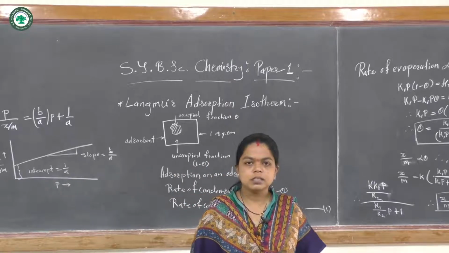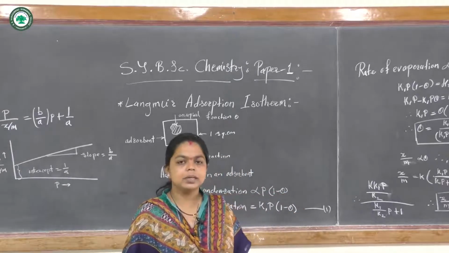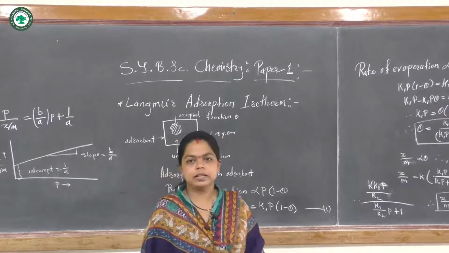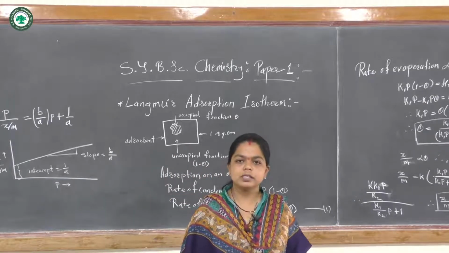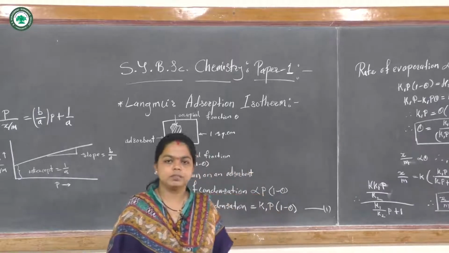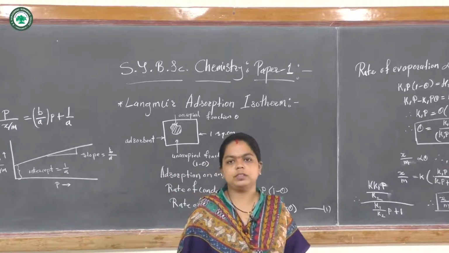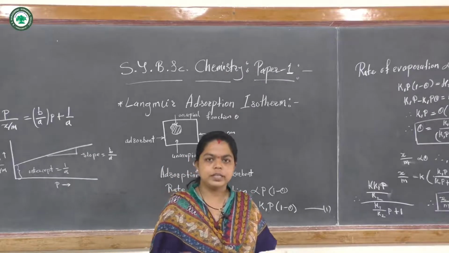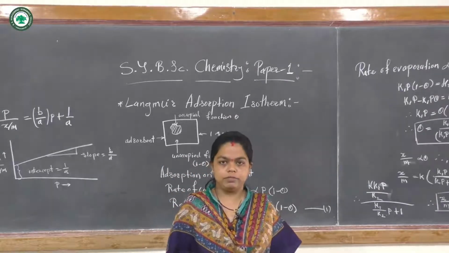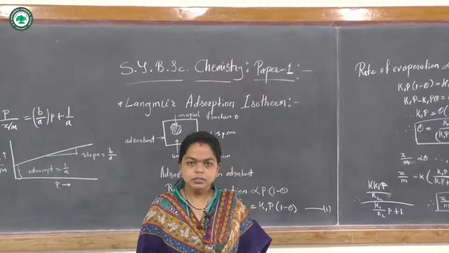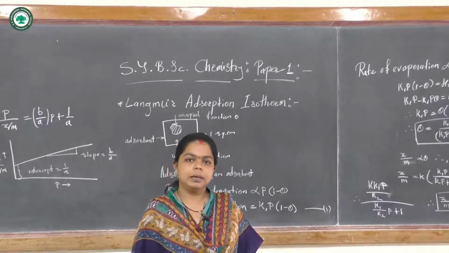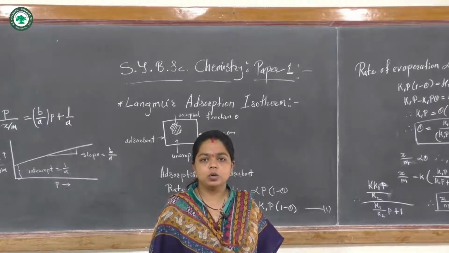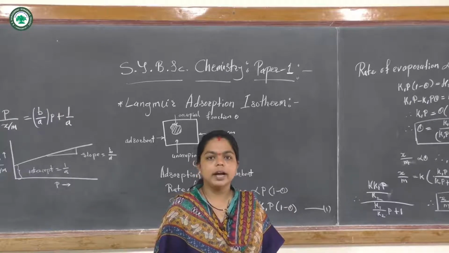Now let us consider the mathematical expression given by the scientist Langmuir. First he assumed that a particular fraction theta of the surface area gets occupied by the gas molecules, and 1 minus theta is the unoccupied surface area of the adsorbent material.